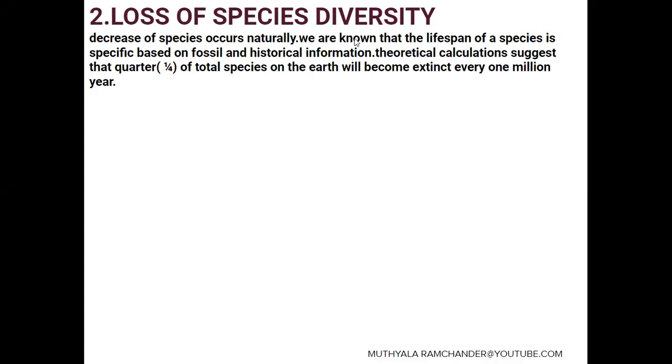We know that the lifespan of a species is specific, based on fossil and historical information. Theoretical calculations suggest that a quarter of the total species on the earth will become extinct every 1 million years.